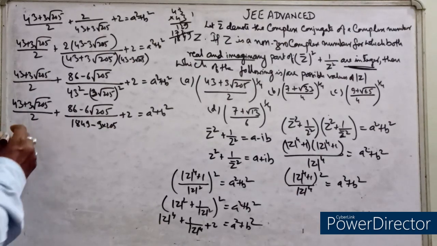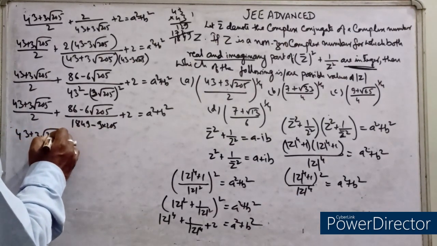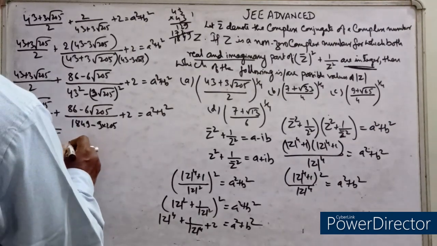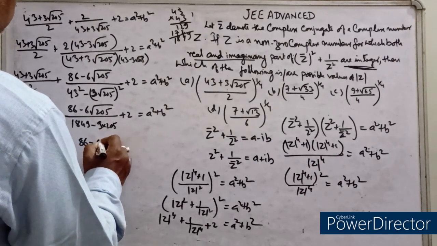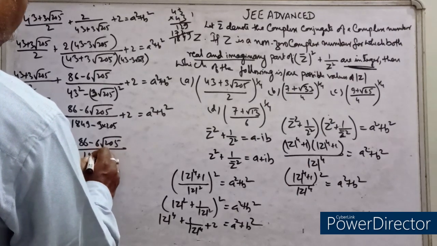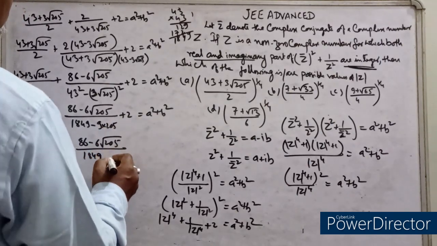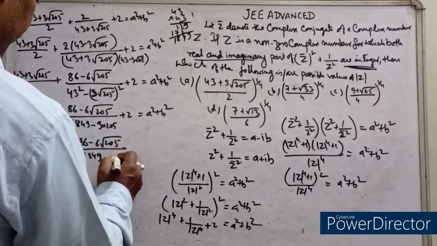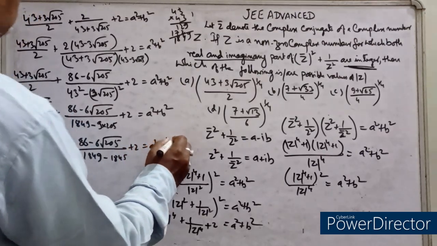So this is (43 plus 3√205) by 2 plus (86 minus 6√205). 9 fives are 45, 9 twos are 18, giving the denominator.